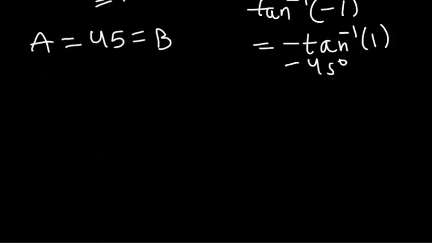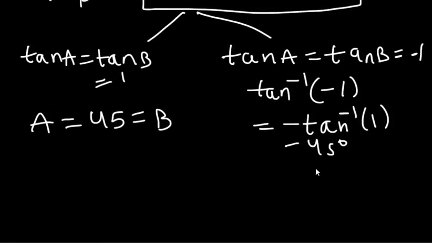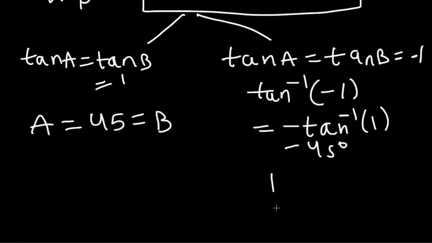Because minus 45 degrees, you can think about this, if you just quickly draw the unit circle, this is 0 degrees, this is 180 degrees. So minus 45 is when you're starting from here, and instead of going in this direction, you are going in this direction.